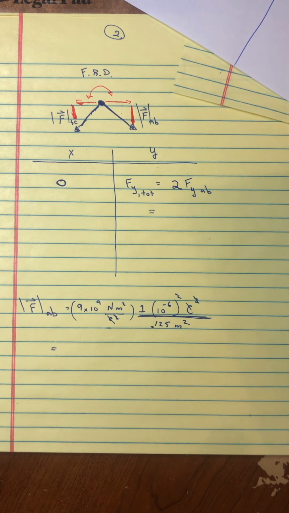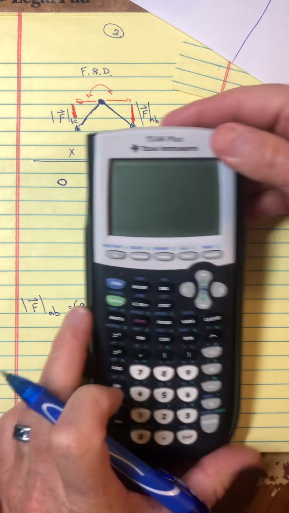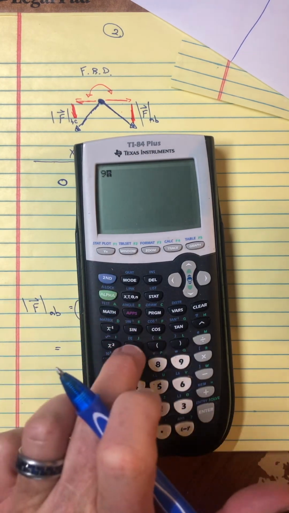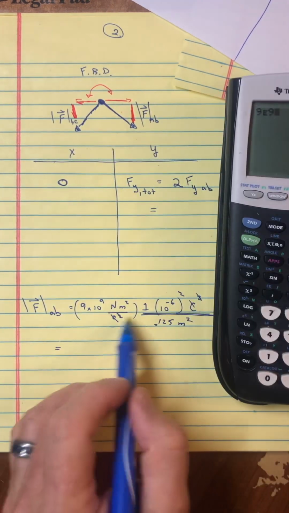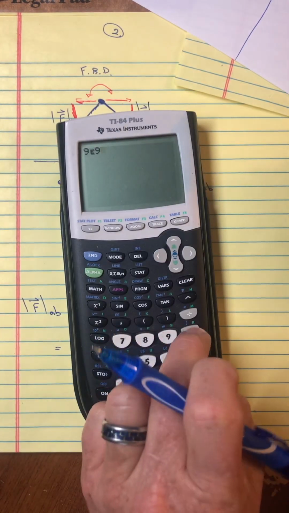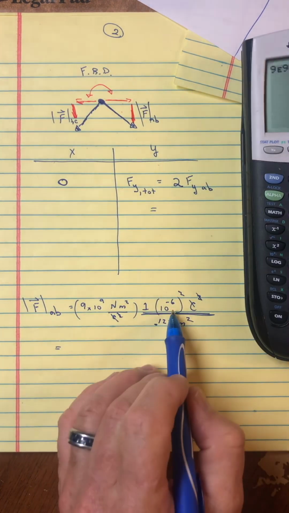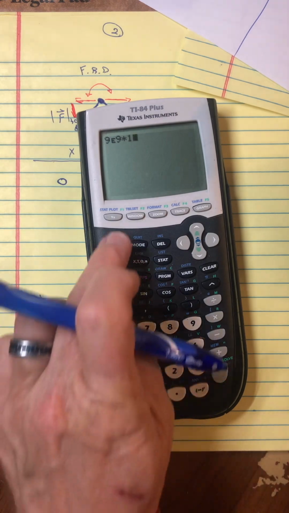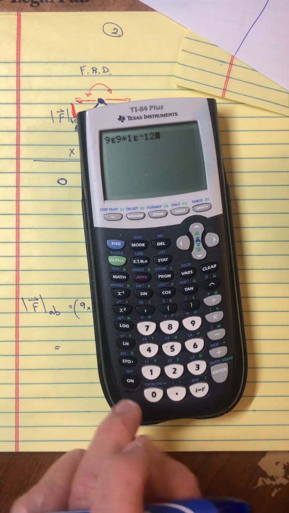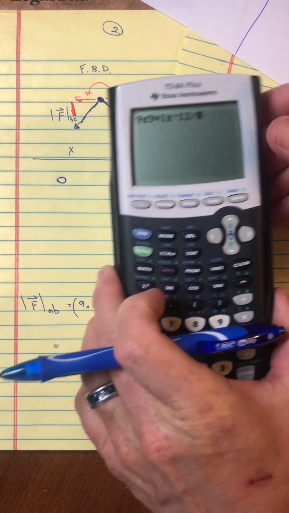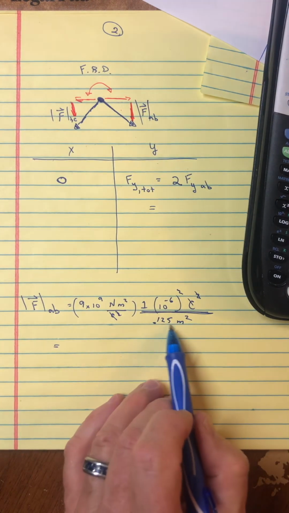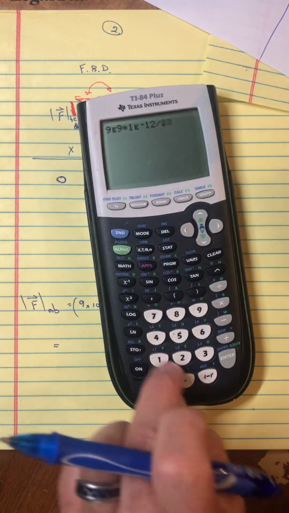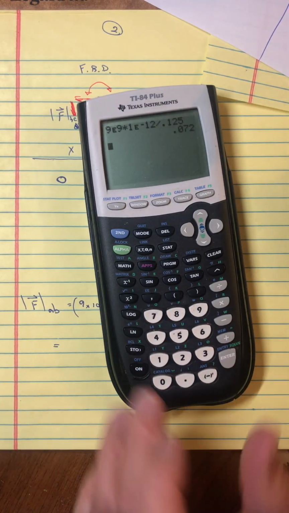Okay, so now I'm going to get the calculator here and put in this number. So 9 exponent 9 for Coulomb's constant times, and 10 to the minus 6 squared becomes 10 to the minus 12. And then, as we said, the distance squared is 0.125.